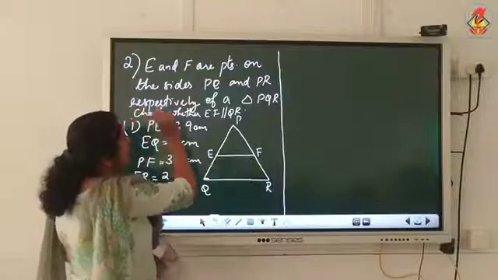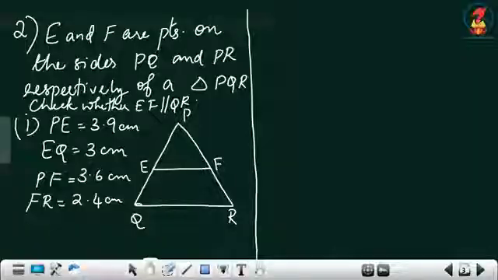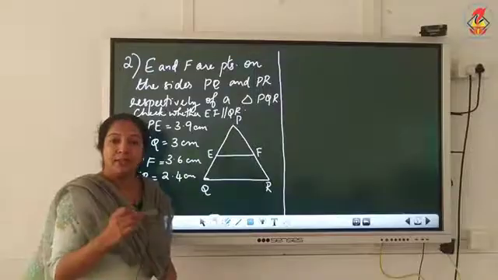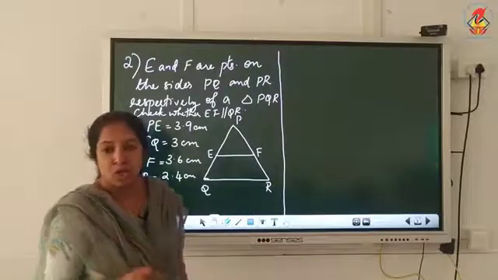Second question. E and F are points on the sides PQ and PR respectively of a triangle PQR. Check whether EF is parallel to QR. Using the converse of BPT, EF is parallel to QR if the sides are in proportion. So what you have to check is whether the sides are in proportion or not.